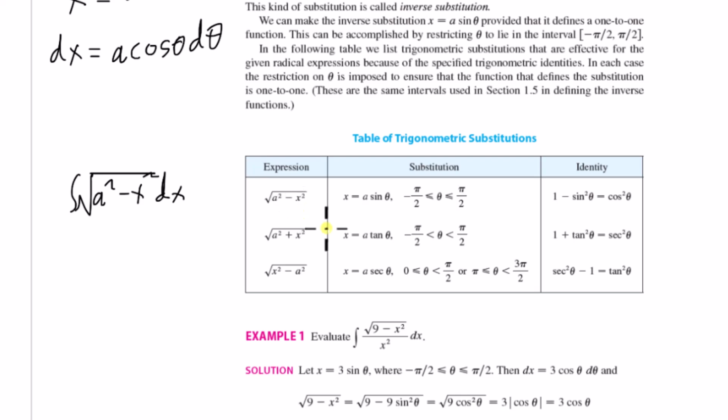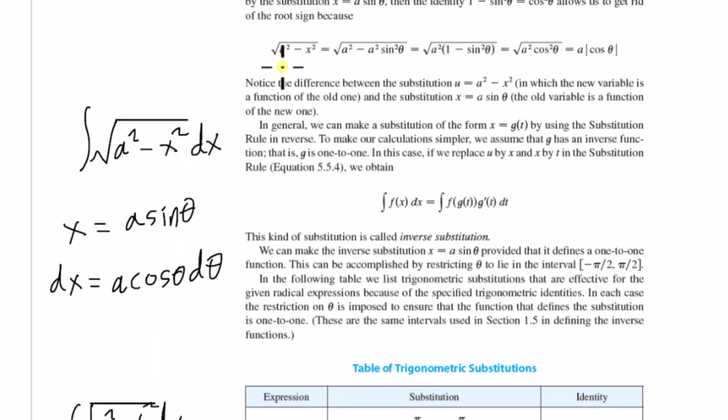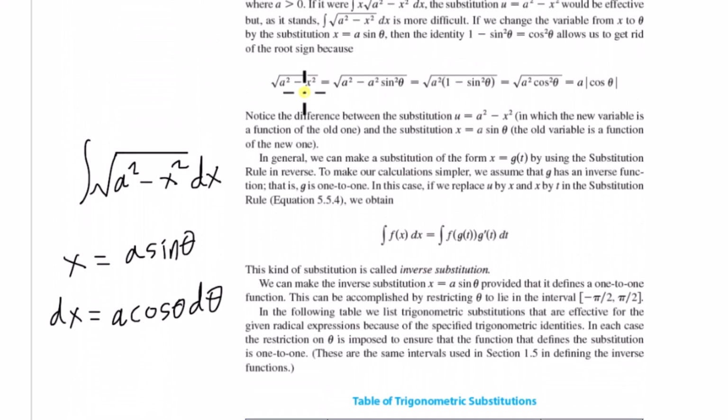And why is that? Because anytime you have like something squared minus the variable squared, or something like an a squared minus x squared, or x squared minus a squared, if you make the trig substitution, you know you're going to greatly simplify this a squared minus x squared to just a simple trig function. So it doesn't have to be a square root, it's any situation.